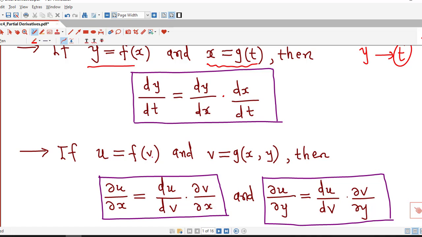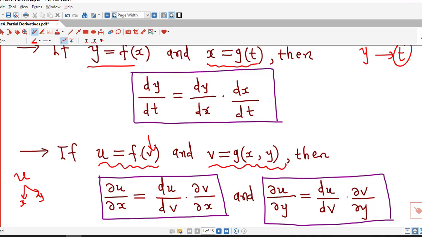Now suppose we have u as a function of v. u is a function of only one variable, and suppose v is a function of two variables, say x and y. Then because u is a function of v and v depends on x and y, u also depends on x and y.